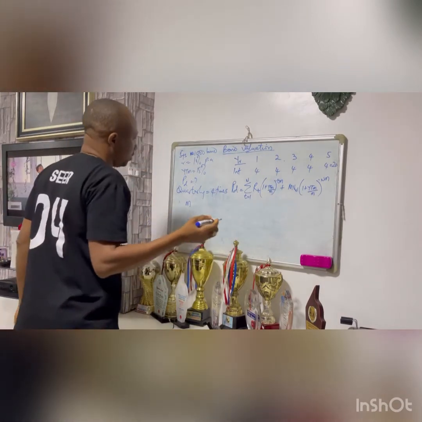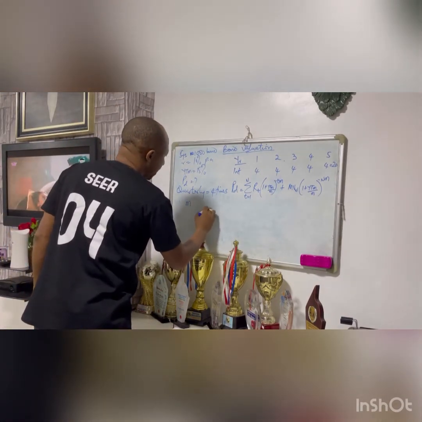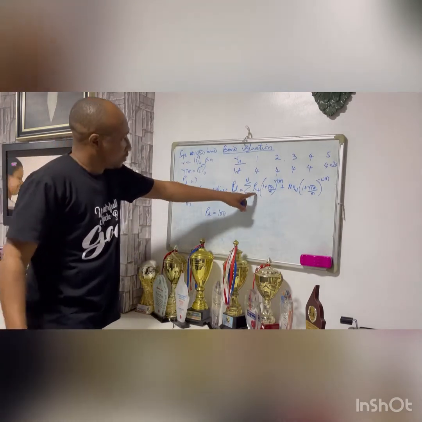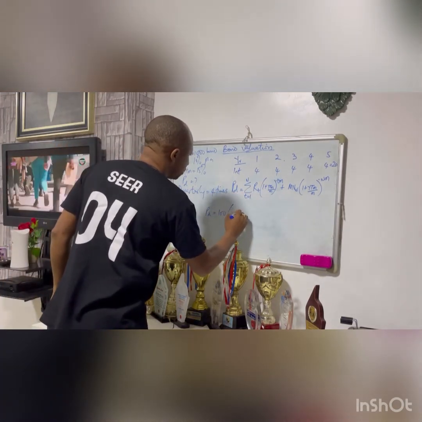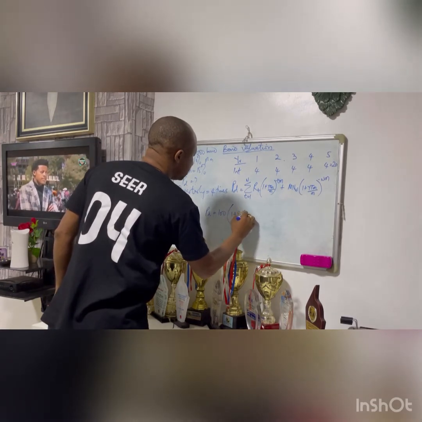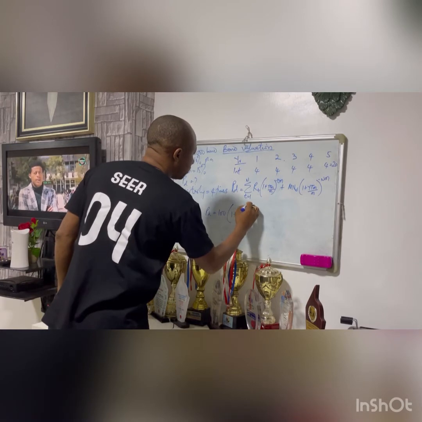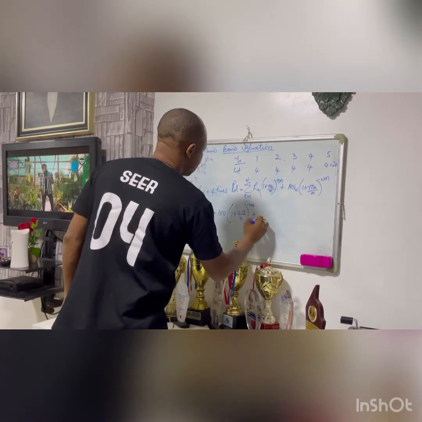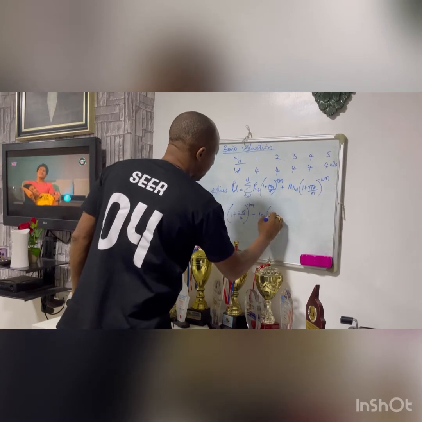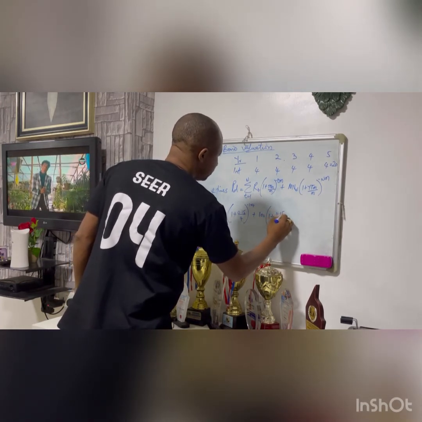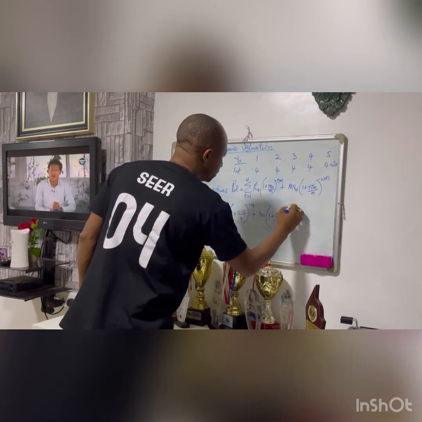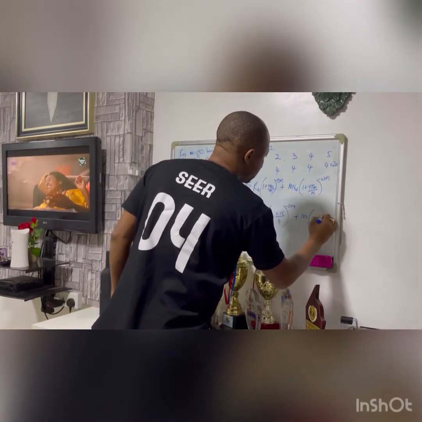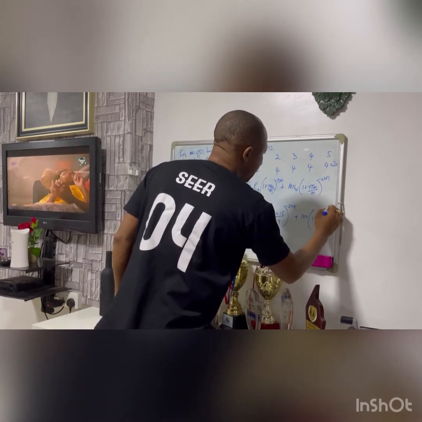So that what I will have will be my price of the bond to be equal to 100 as we calculated for R into 1 plus 0.15 divided by 4 raised to power minus 1 times 4. That is for the first year, plus 100 into 1 plus 0.15 divided by 4 raised to minus 2 times 4. That is for the second year, plus 100 into 1 plus 0.15 divided by 4 raised to minus 3 times 4.